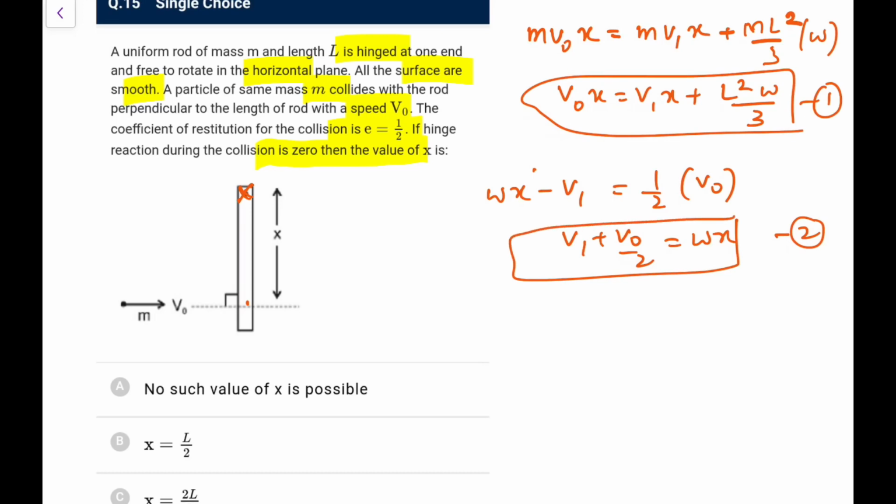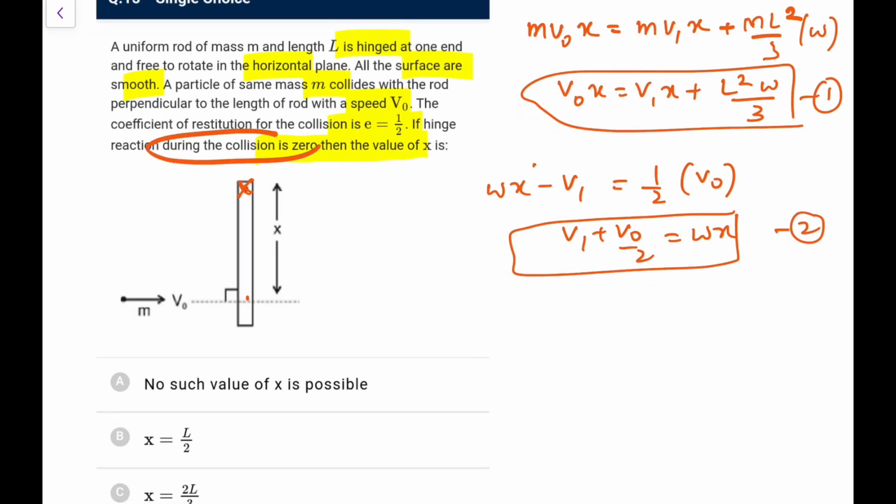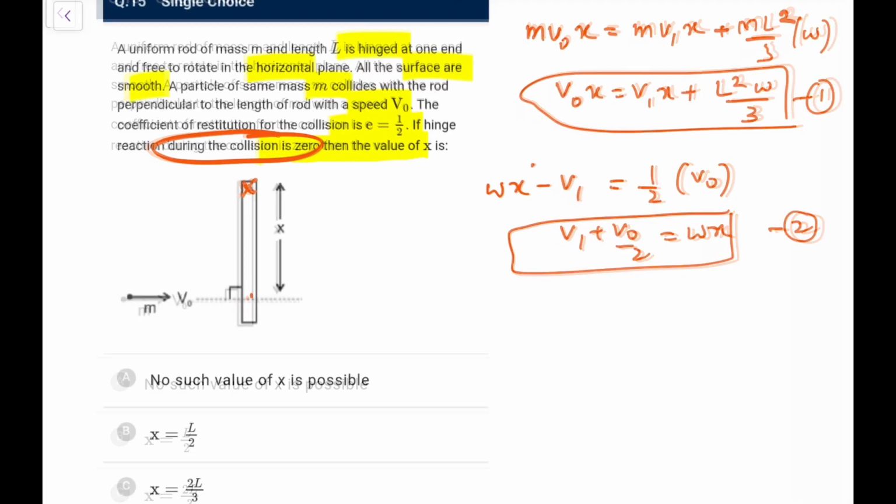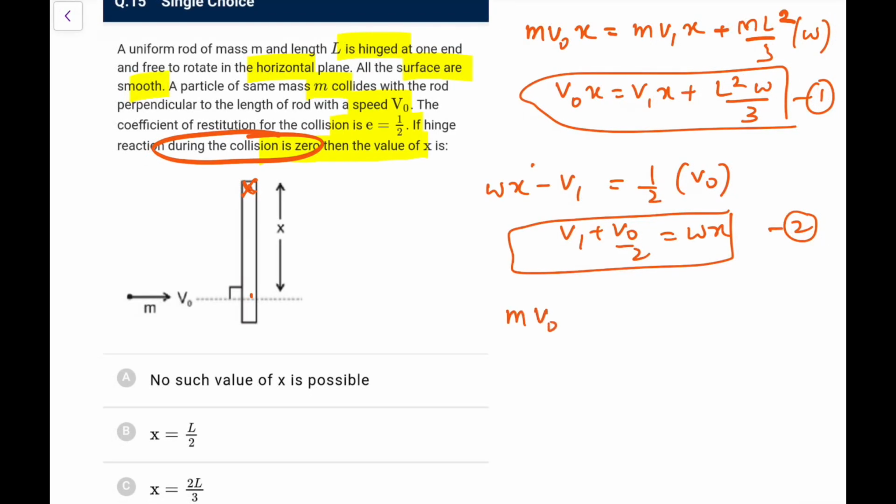Now what we are searching for is the value of x. There are three unknowns, v1, omega and x, so the third equation I'll use is this. Reaction is 0, which means angular momentum conservation can also be applied with respect to the CM. Initial linear momentum is m v0, final would be m v1 plus, for the CM, speed will become omega L by 2.